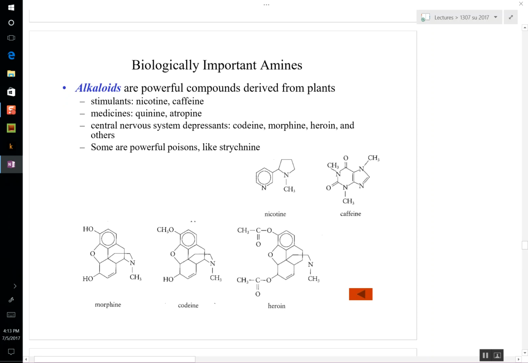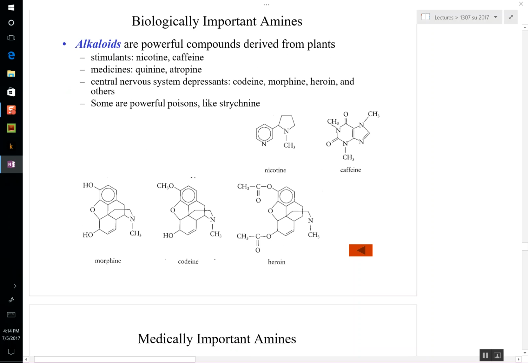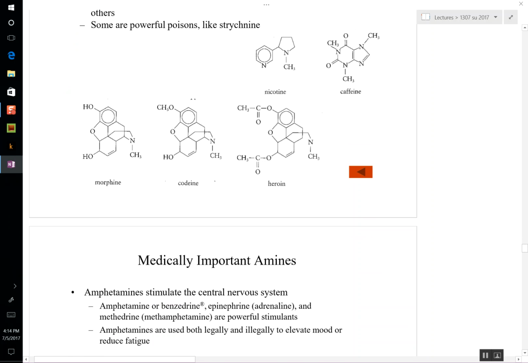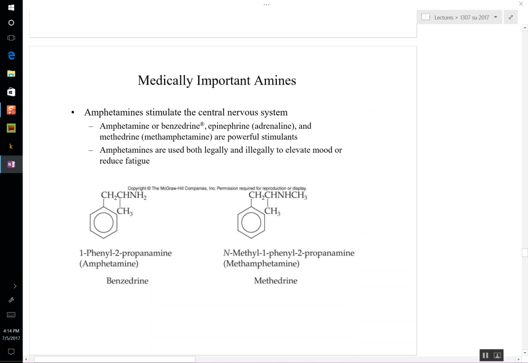When we get into biochemistry, you're going to start seeing these functional groups all over the place. There's nicotine, caffeine, codeine, morphine, heroin, these drugs. Amphetamines. You've heard these names. Now you kind of know why they're called amines.